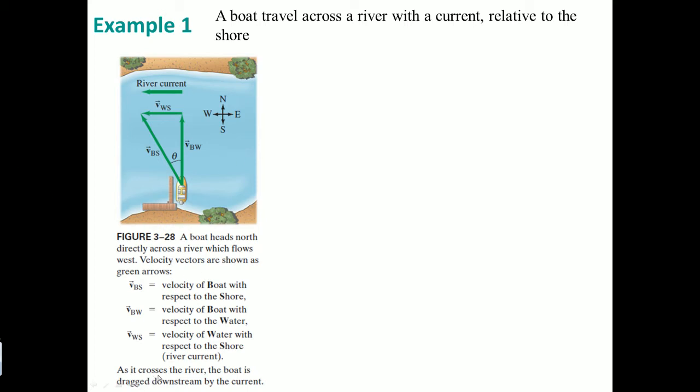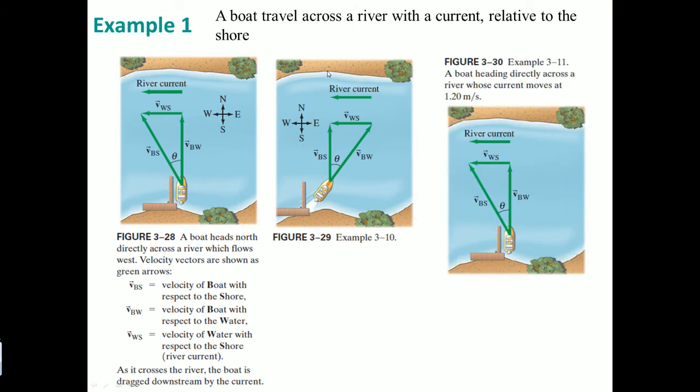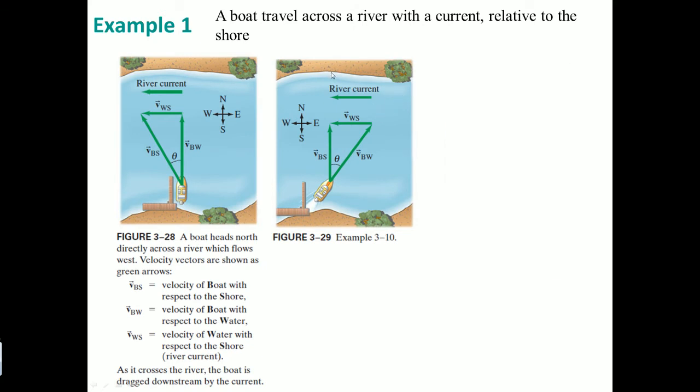As it crosses the river, the boat is dragged downstream by the current. So the boat's initial velocity was forward, but it gets pushed by the velocity of the stream, so it moves diagonally.